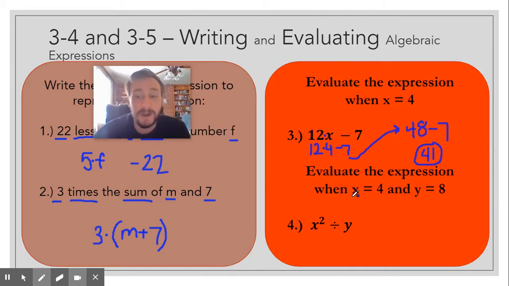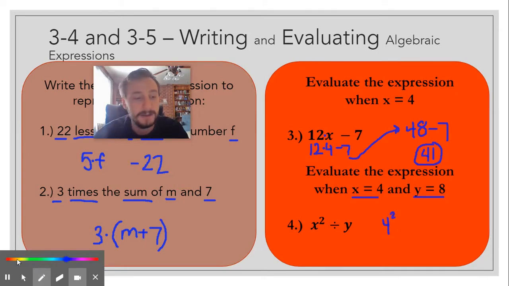Evaluate the expression when x equals 4 and y equals 8. So what we want to do is substitute in 4 for x and 8 for y, and then just solve the problem. So if I were to do 4 in for x, x comes out, 4 goes in. Now it's 4 squared divided by y.